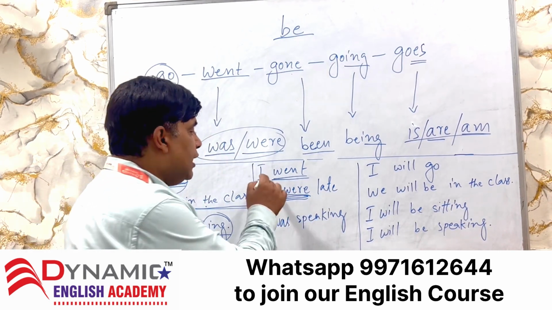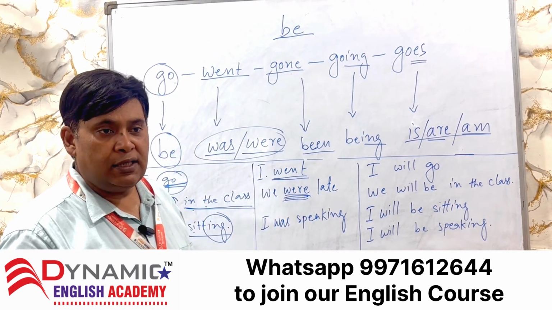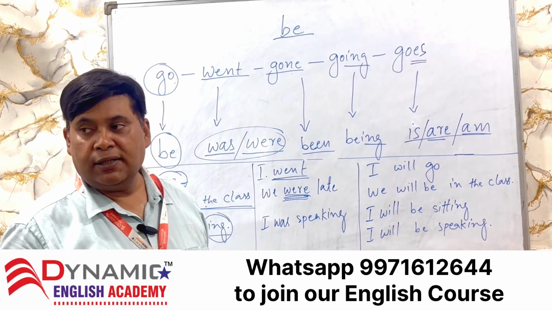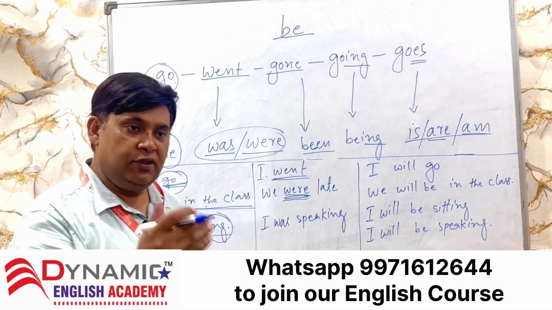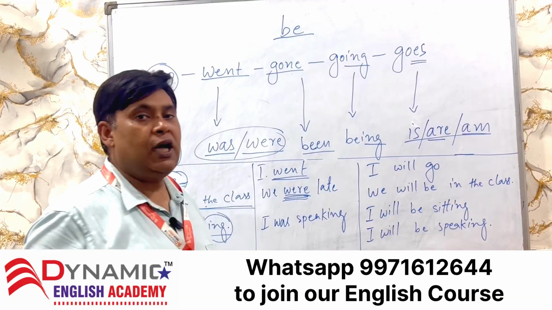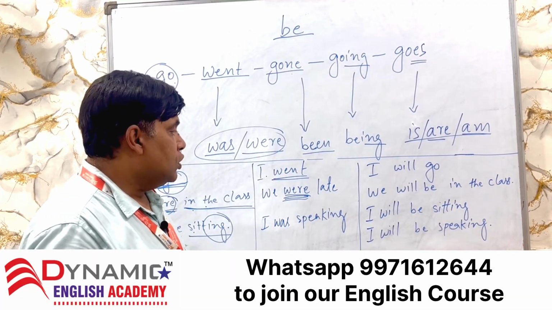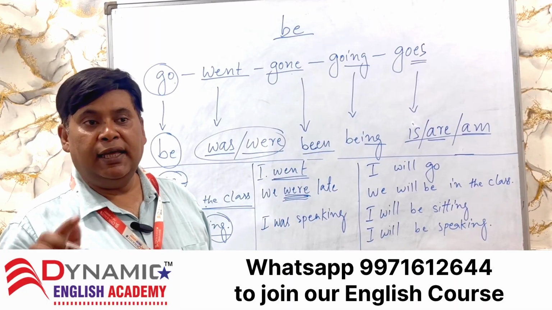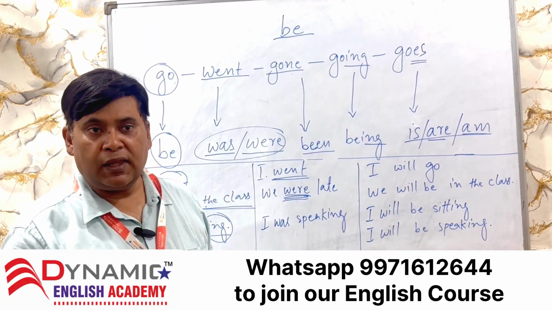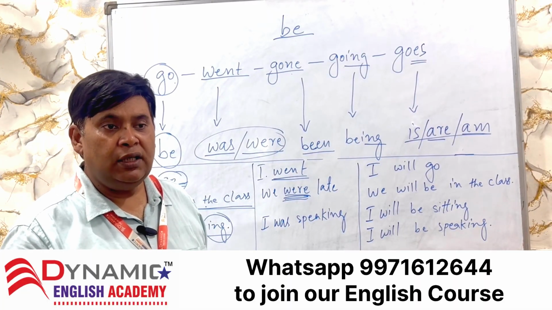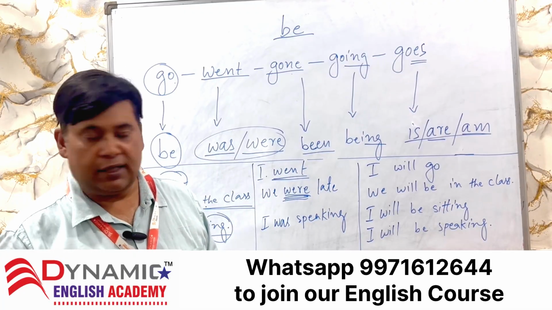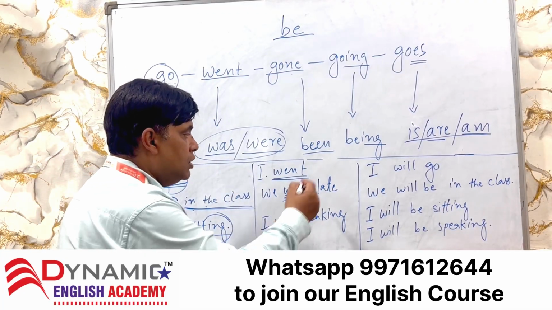So you cannot say I was went, because if you have past form of the verb, you cannot use was, were, which is a form of be, with that sentence. So where you can use was, were, if you don't have action, or if you have action, then you need to use ing with that.